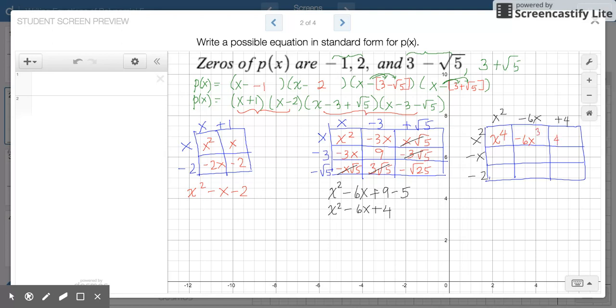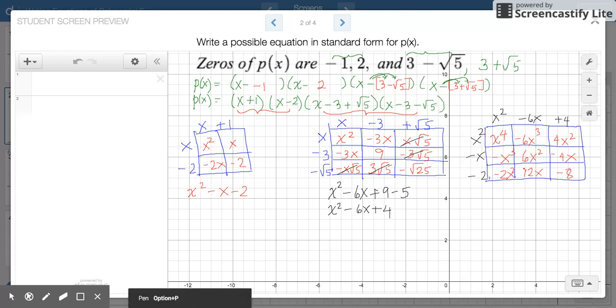And this is positive 4x squared. Here negative x cubed. Here positive 6x squared. Negative 4x. Negative 2x squared. Positive 12x. And here negative 8.